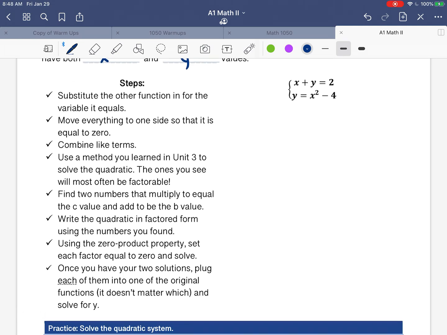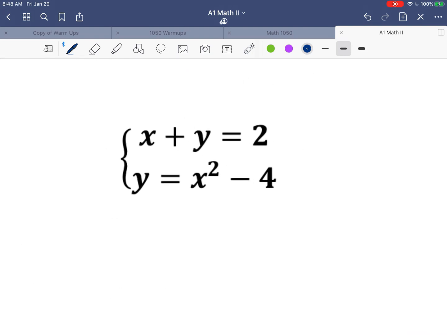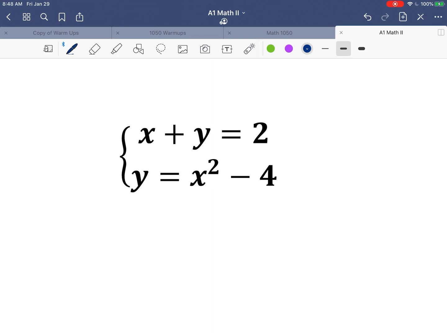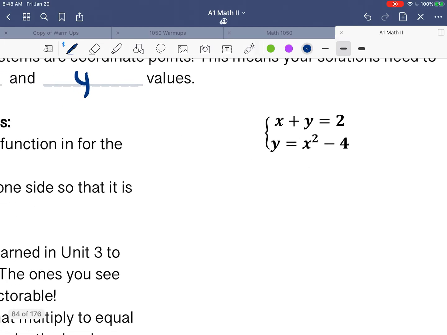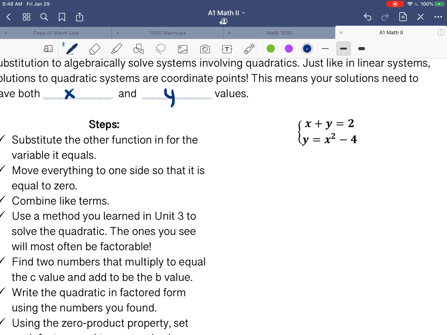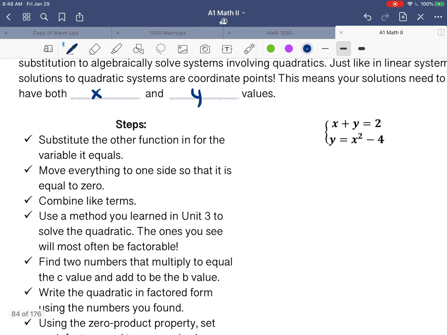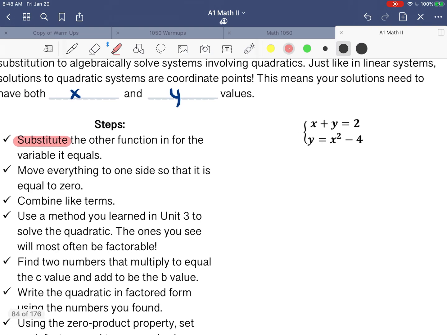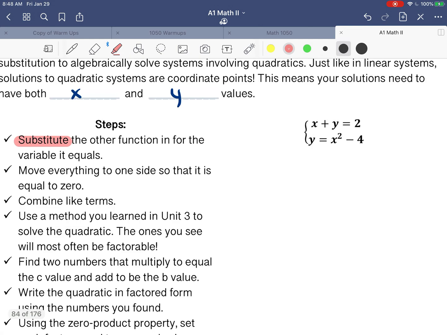Okay, so right now we have a line and a quadratic here, and we're going to see algebraically where these two things intersect. The first thing that we need to do, and this is a skill that hopefully you'll remember from solving linear systems, is that we can substitute one equation into the other one.